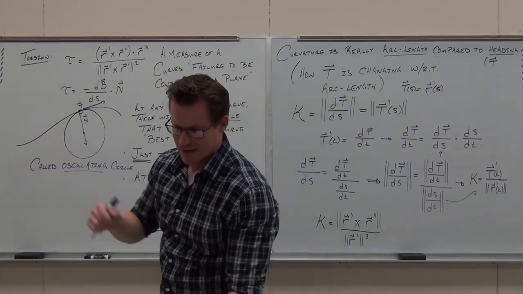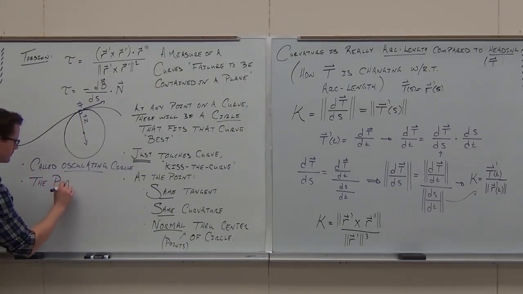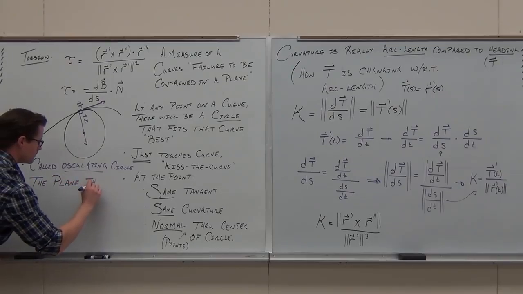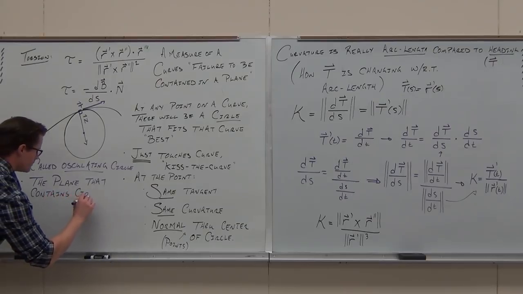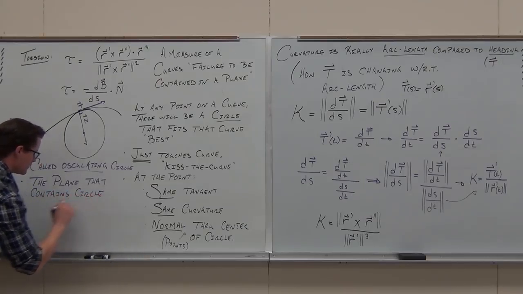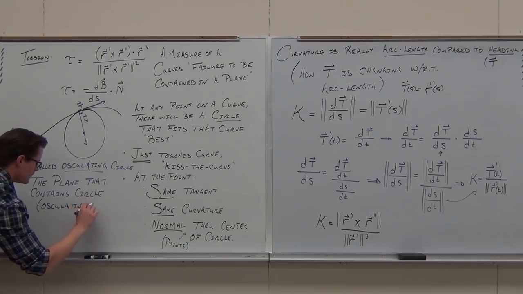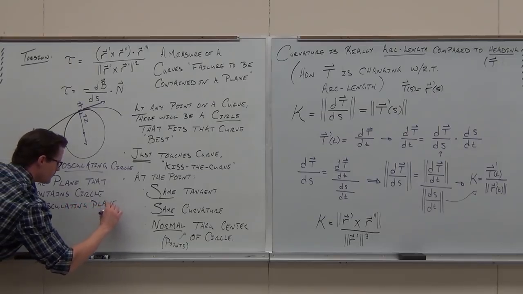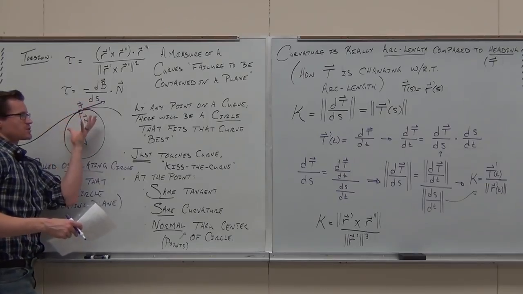So the plane that contains the circle, we call this the osculating plane. It's got to contain the same two vectors that describe the circle, T and N.